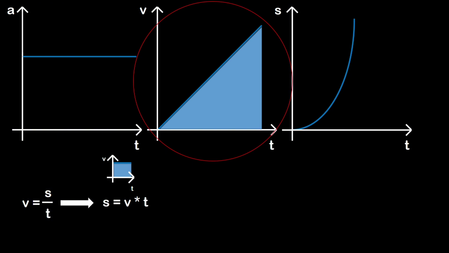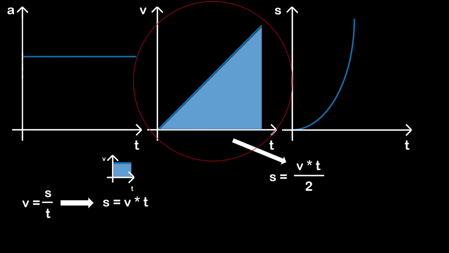A triangle's side multiplied by the side's height divided by 2 gives us the triangle's area. So in this case we take one of the sides, which is t, multiply it by the v side, the v value, and divide it by 2, and that's how we get the distance it took with acceleration.